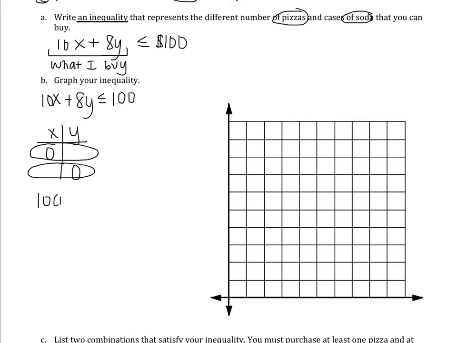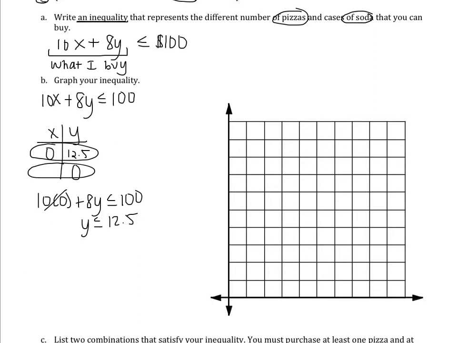So I have 10 times 0 plus 8y is less than or equal to 100. That's just 0. So I end up with 8y is less than or equal to 100. I'm then going to divide by 8. I get y is less than or equal to 12.5. So that's going to be my first point, is 0, 12.5.